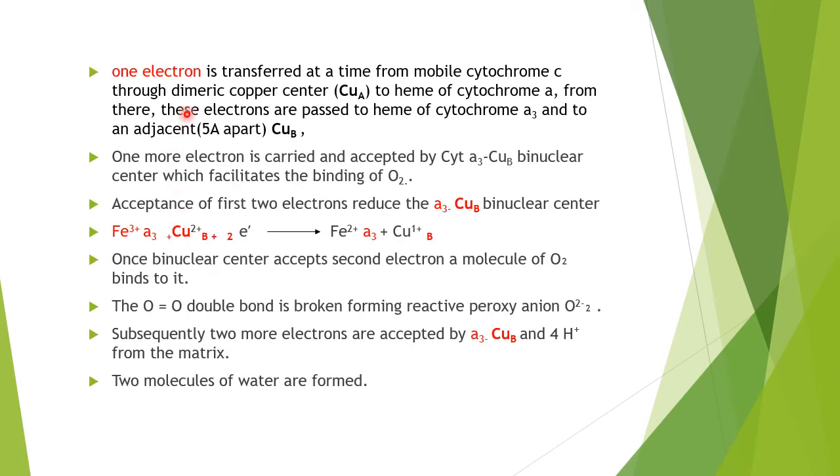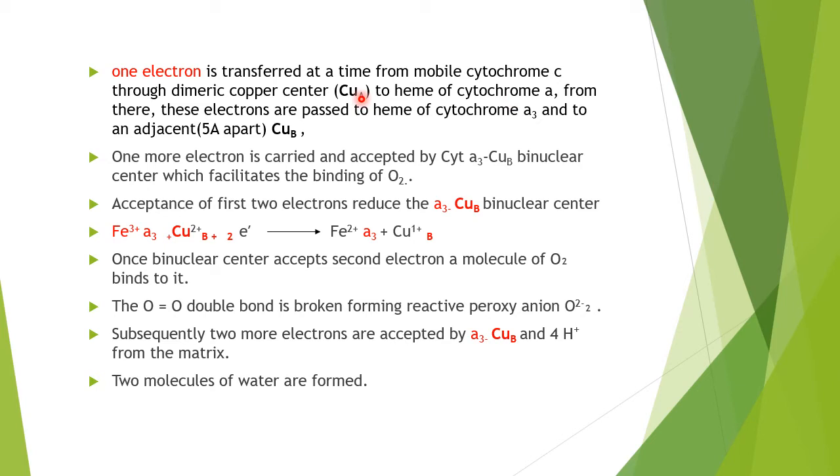So one electron is transferred at a time from mobile cytochrome C through the dimeric copper center A. The first electron will be taken by the heme of cytochrome a.